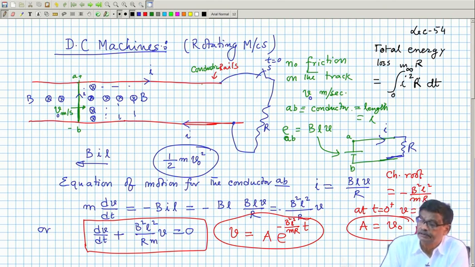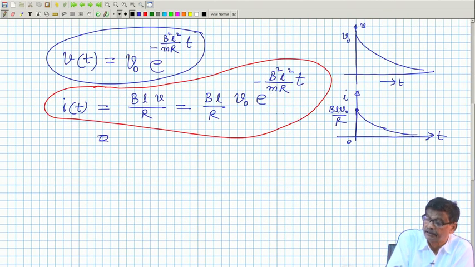And I know the expression of the current. The expression of the current is known; I must have done it on the previous page.